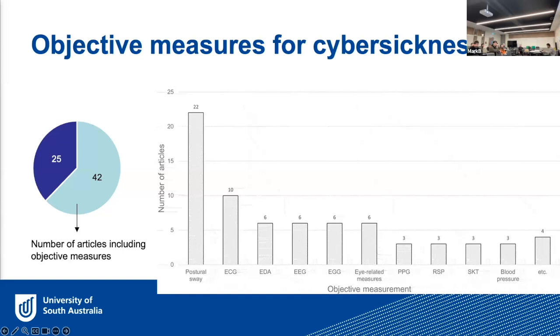So that's why in the early stage of cybersickness research, posture sway is the highest. And also you can see here ECG and EGG, some autonomic nervous system indexes, and also EEG research, but not as many as the posture sway approach.